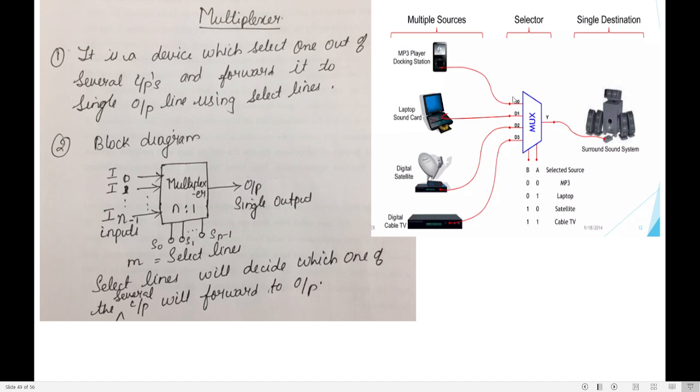To select that one input, we need something called select lines. Select lines are very important. They decide which input I need to select and forward to the output. So a multiplexer will have inputs, outputs and select lines to select the input that has to be forwarded to the output.